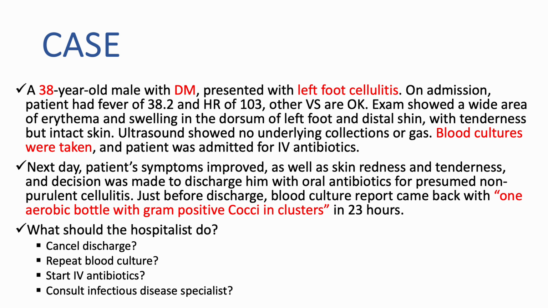So examining all the 4 features in this case, this blood culture probably shouldn't have been ordered at the beginning, because the patient didn't seem to have any high risk factors or very severe skin and soft tissue infection or necrotizing fasciitis or ICU level of care. But even with the positive blood cultures, the patient meets many of the criteria suggesting it's actually a contaminant. So you need to document that, consider that as the most likely diagnosis, and still discharge the patient if the discharge is appropriate.